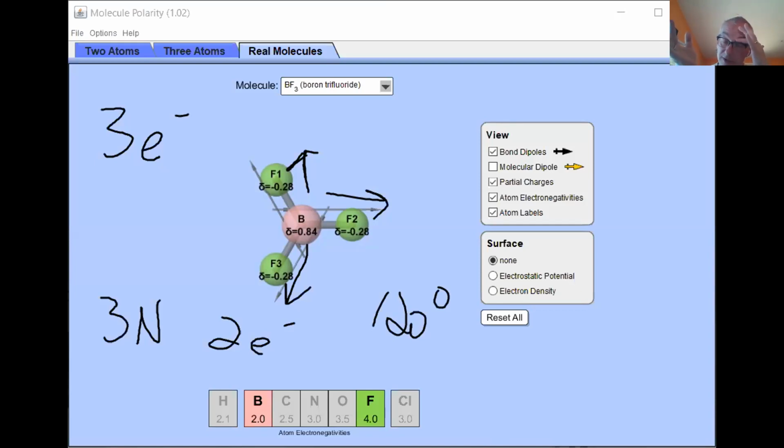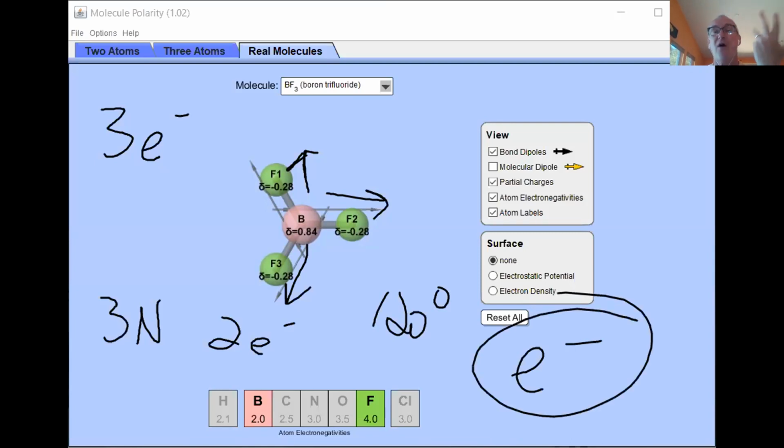Any molecule, and we'll talk a lot more about this tonight, what any molecule wants to do to achieve stability is to get those unshared pairs of the central atom and the shared pairs in bonds as far away from each other as they possibly can be, because electrons are negative and they repel each other. And so every molecule shape is basically dictated by how far away these electrons can get from each other. That's why this one is planar with 120 degrees.